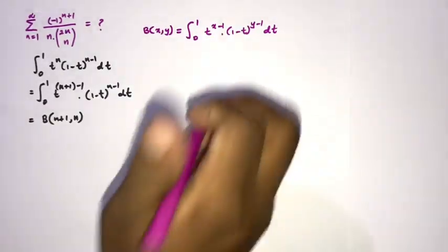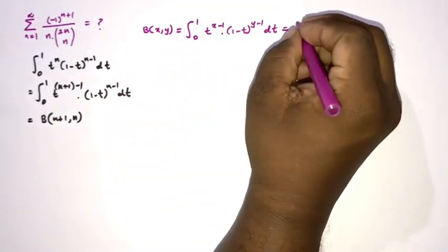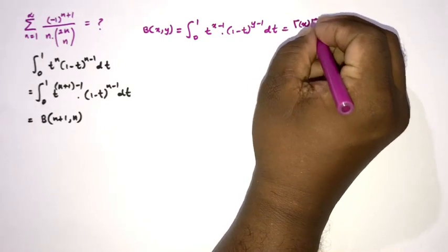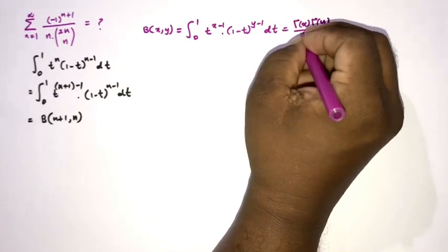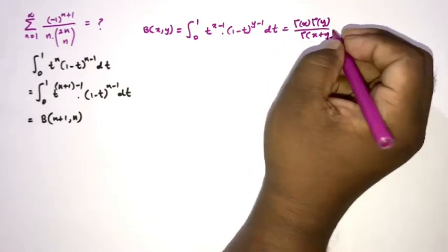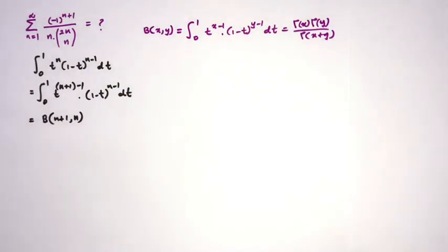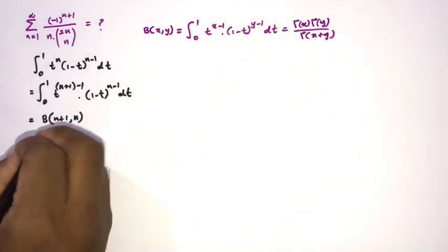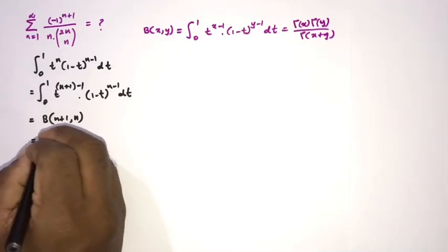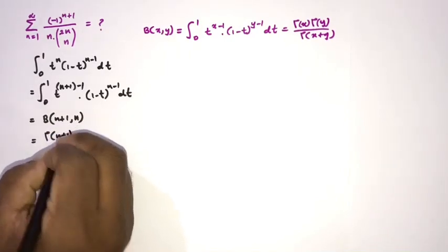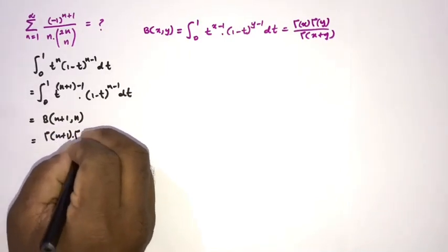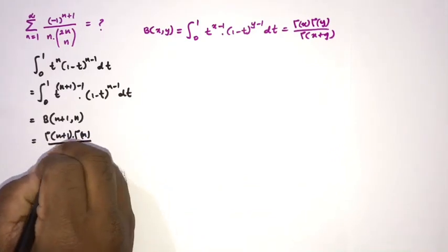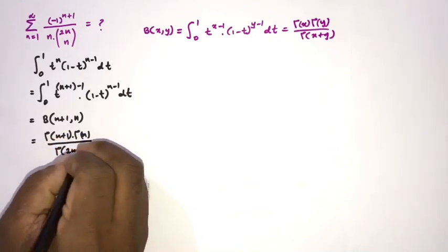Beta of x, y is equal to gamma of x times gamma of y over gamma of x plus y. So we can write here gamma of n plus 1 times gamma of n over gamma of 2n plus 1.